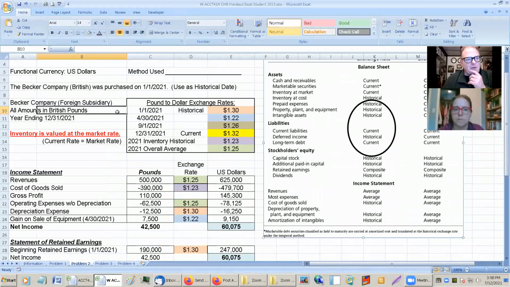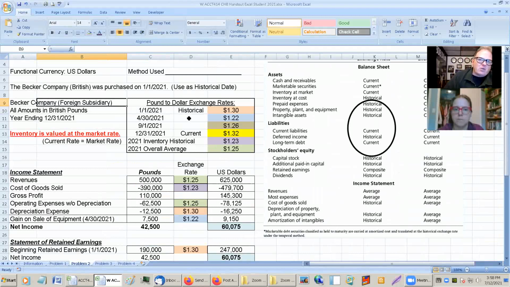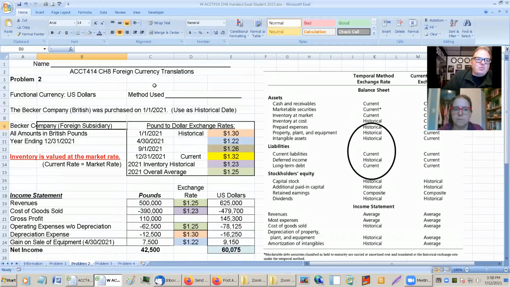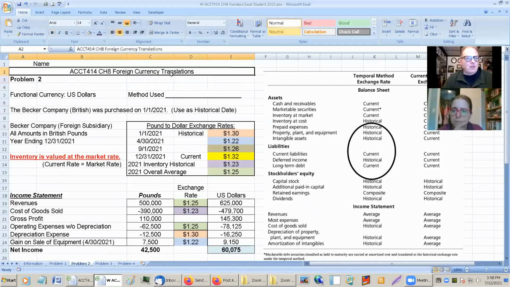If it's a country that has high inflation, then they transfer it to U.S. dollars as quick as they can, because they may have inflation of 20% a week or something. If the country has high inflation, a lot of times they will go ahead and transfer into U.S. dollars, just so they don't lose on the translation.